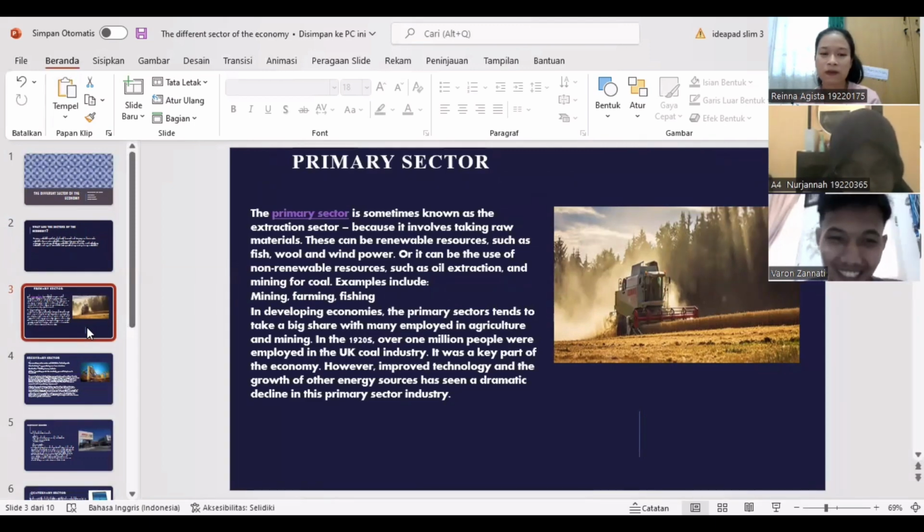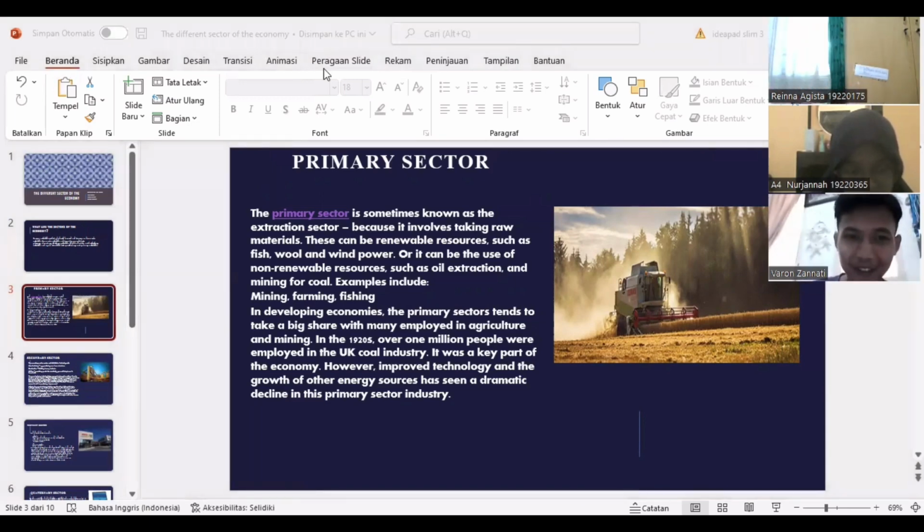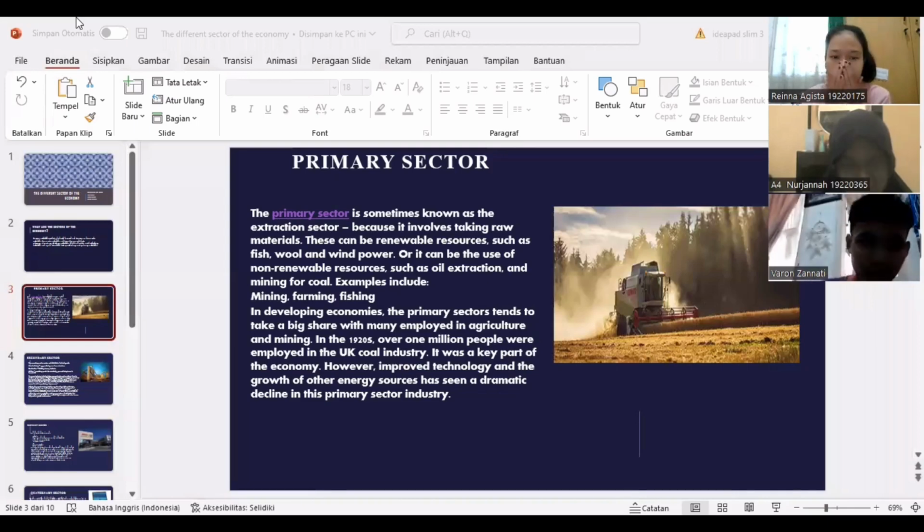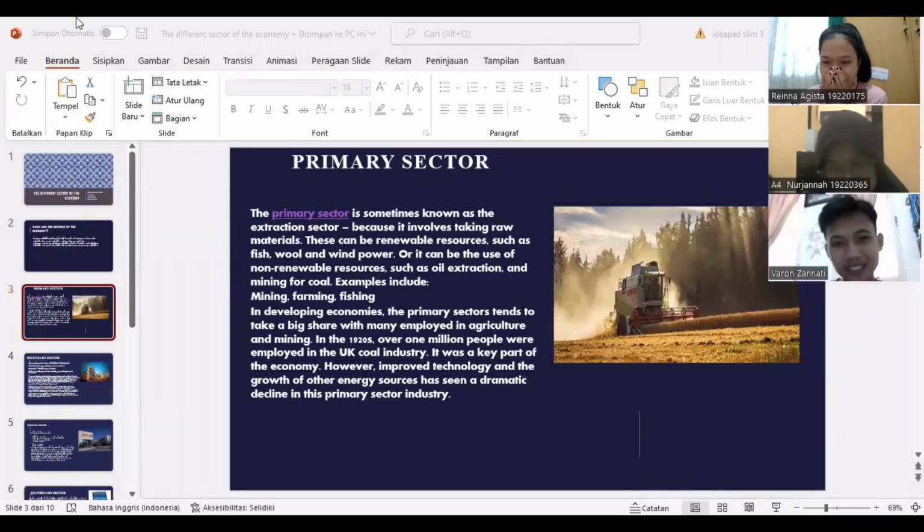This can be renewable resources such as fish, wool, and wind power, or it can be the use of non-renewable resources such as oil extraction and mining for coal. Examples include mining, farming, fishing.